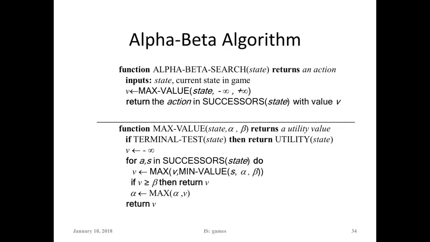And if so, you just return the value of this state. That was basically when we had our search tree. We started out with this example where we had a max to start with and a min, and we ended up in a leaf with the values 3, 2, 2, then you would end up in a leaf or in a cutoff state, and you would just return the 3.